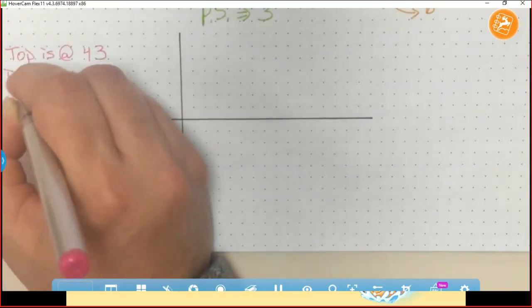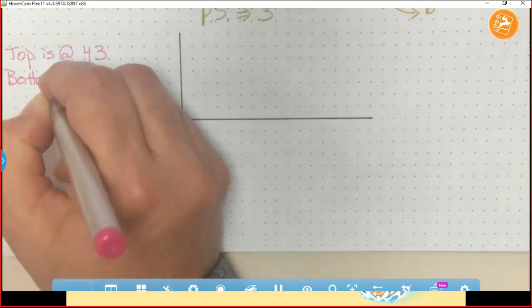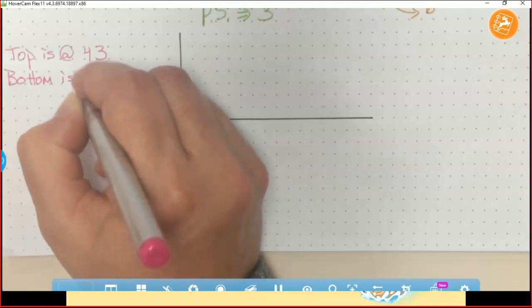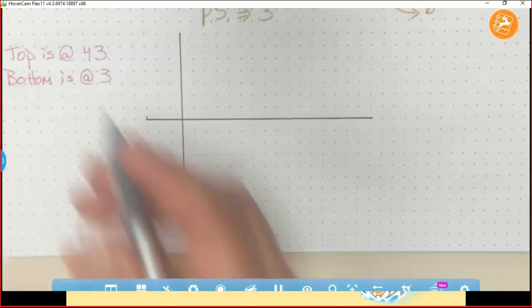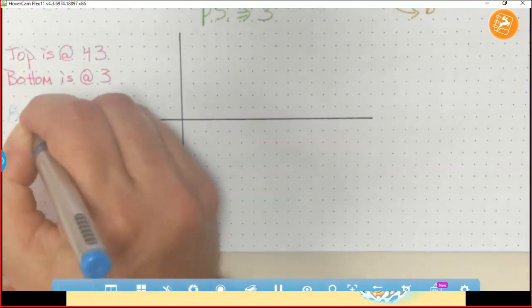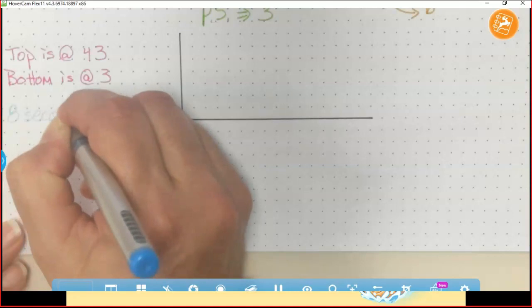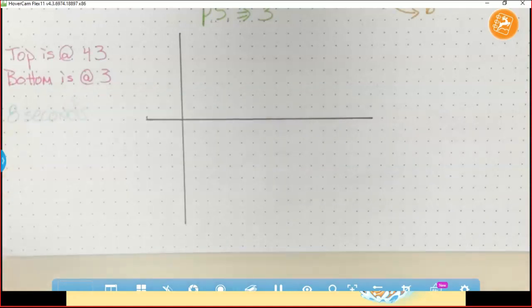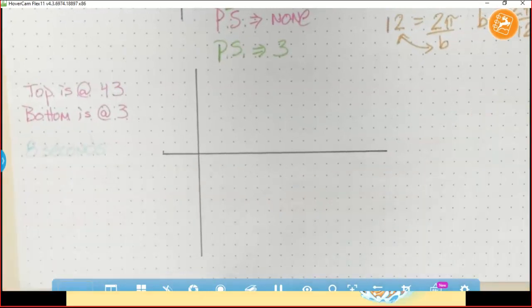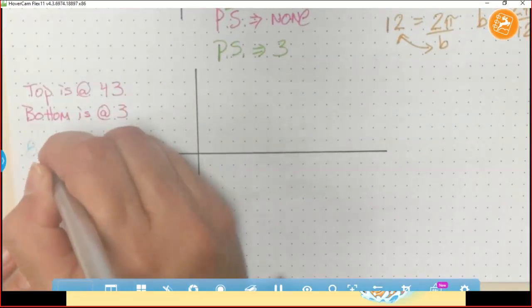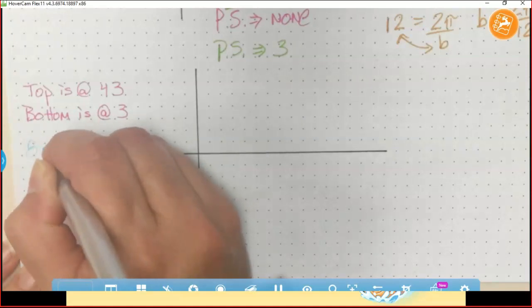We know the bottom is at 3. Cool? We know the time takes 8 seconds to complete. Ooh, we can't even see that. So this is 8 seconds. Why does this pen not show up?